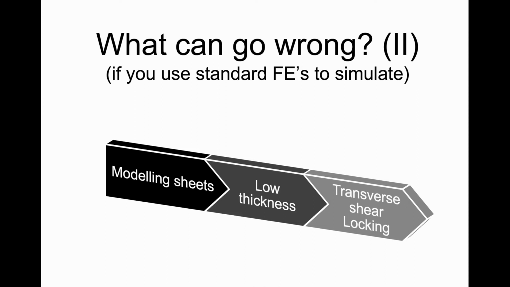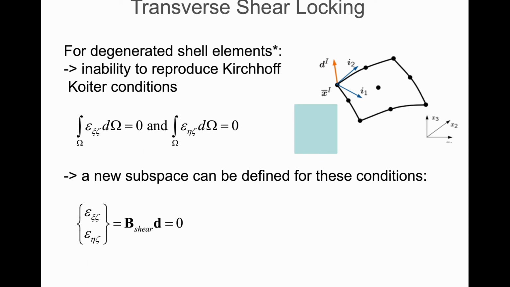So we can have a linear elasticity with a Poisson coefficient of 0.3. That's the typical of metal materials. But we have a different kind of locking that's called the transverse shear locking. So there is a condition that we can express mathematically, and we can also check it more visually.